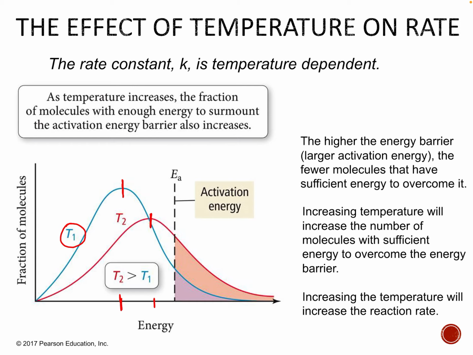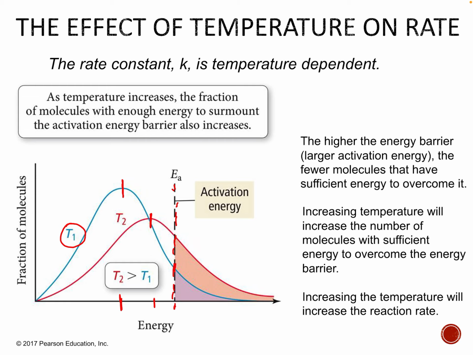As we increase the temperature, we are going to increase the average kinetic energy. And if this is the activation energy of our reaction, as we increase our average kinetic energy, a greater fraction of molecules are going to meet this minimum energy requirement. So as we increase temperature, we increase the number of molecules that are able to make it over that hump, that are able to make the reaction go.